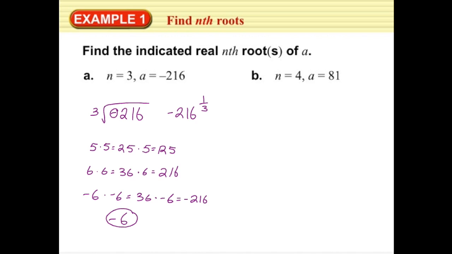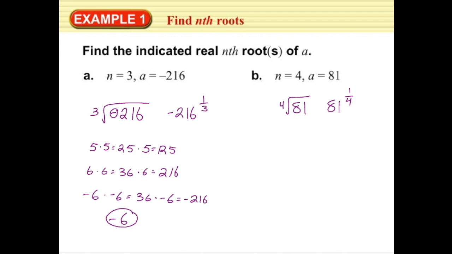Part B says, what is the 4th root of 81, or what is 81 to the 1/4 power? Now again, I'm going to start with smaller numbers that I think will work.